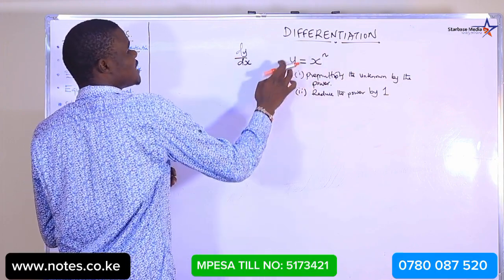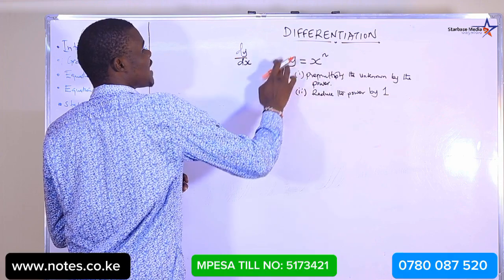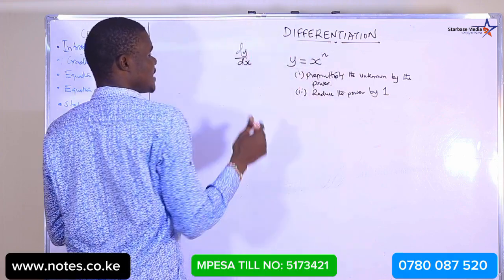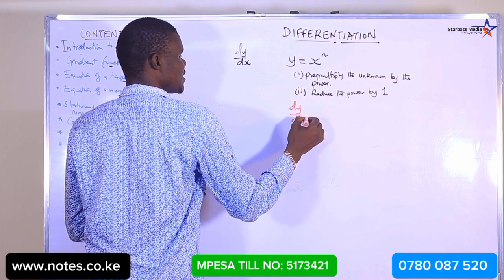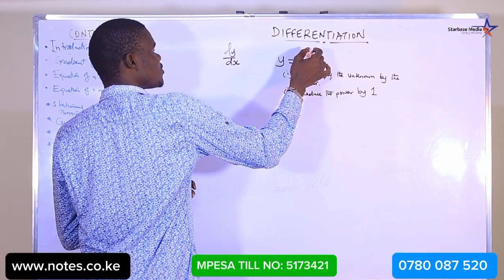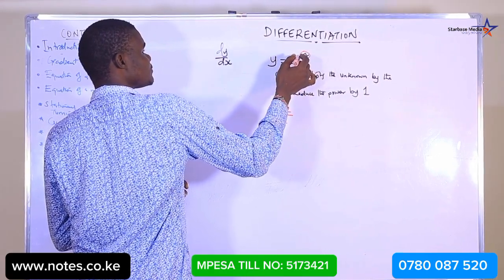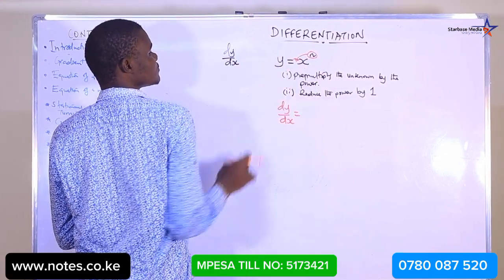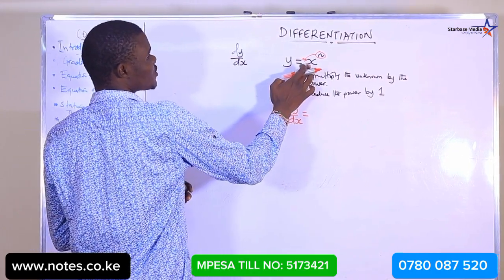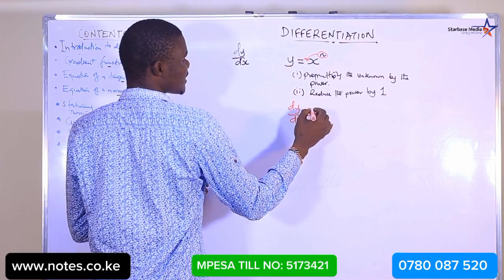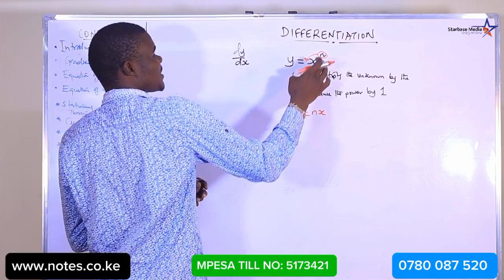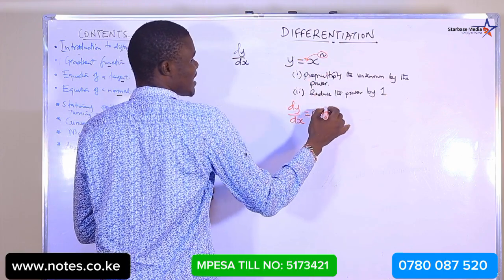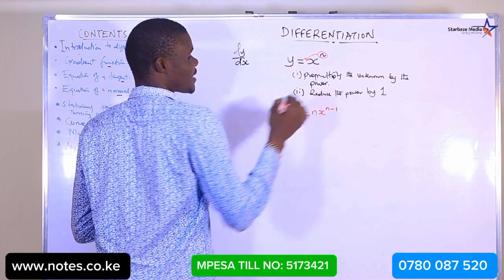What do I mean? If I want to get the differential or the gradient function of this line, I'm going to say dy over dx is equals to, I'm going to pre-multiply this unknown by the power. So I'm going to get nx. Good. And then what happens to the power after you pre-multiply? We reduce it by 1.